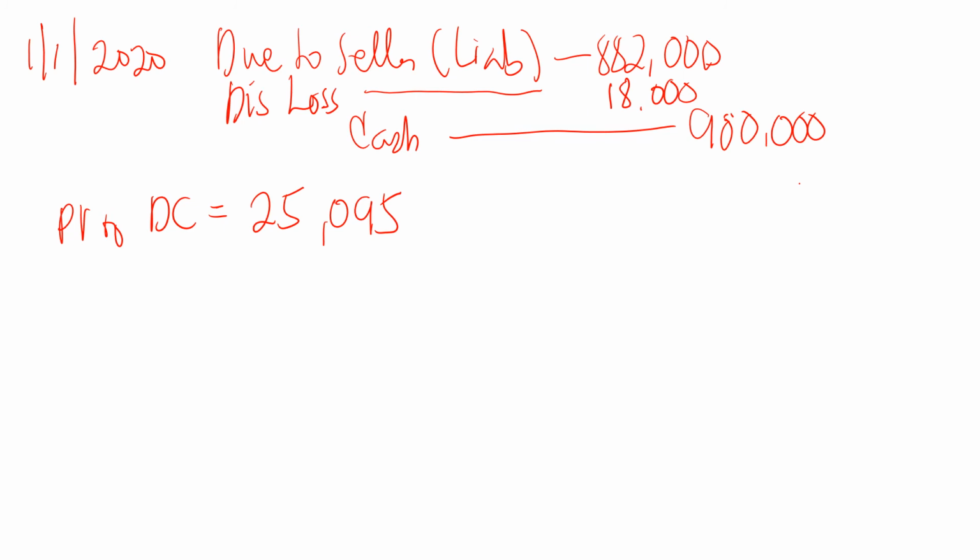So if you multiply this one by the 9% discount rate, 25,095 times 0.09, so this will be about 2,258.55 for the first year.